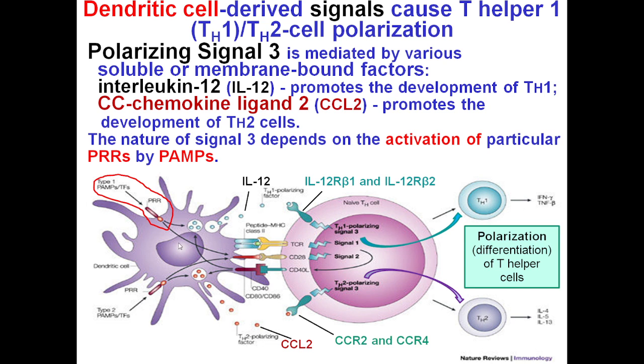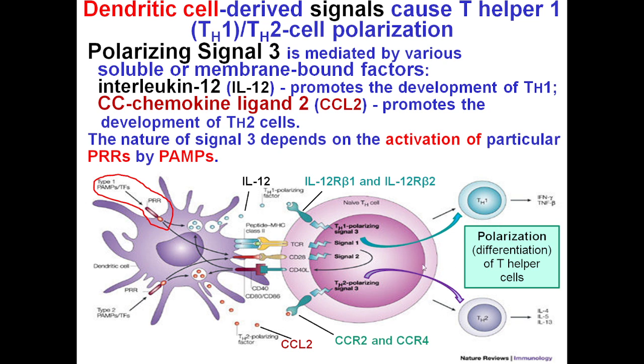If the prevalent cytokine produced by the antigen presenting cell is CCL2 chemokine, this chemokine, reacting to the chemokine receptor of the T helper cell, stimulates transformation of the cell to the T helper type 2. This is the third, cytokine-mediated signal.